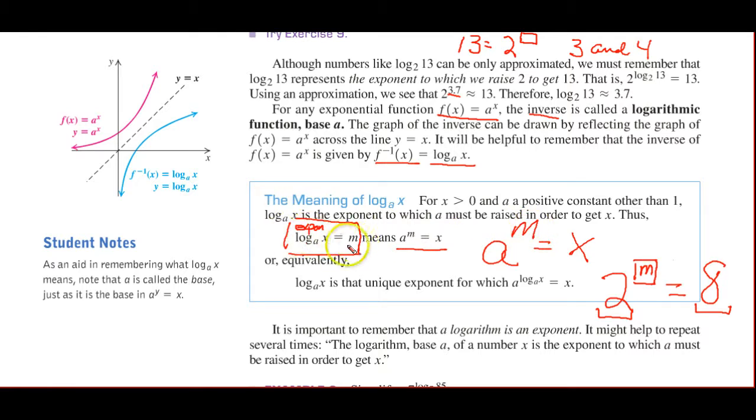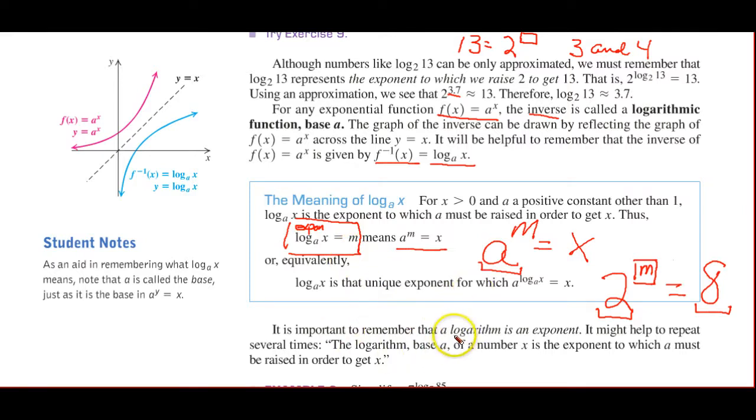When you put it in log form, there's what we're looking for. So what is the exponent of A that will give you x? A is your base. This is red. Exponent of the base gives you a value, a result. That's what logarithms are. Okay?